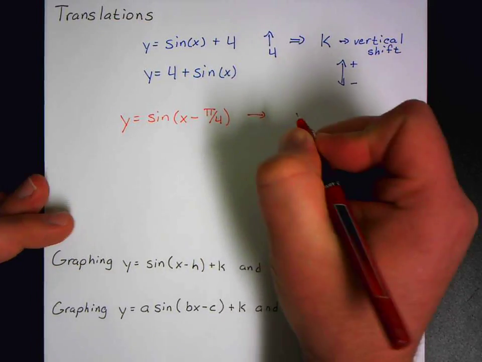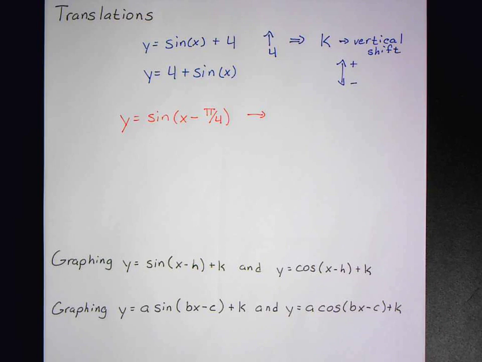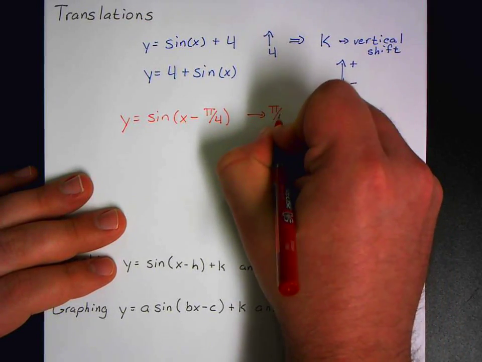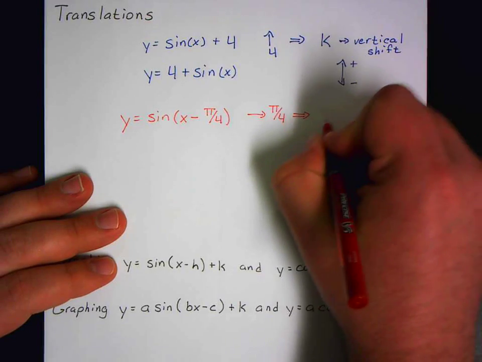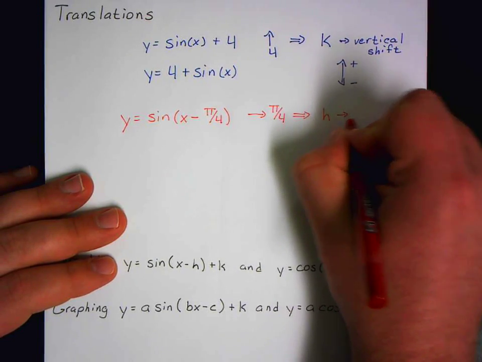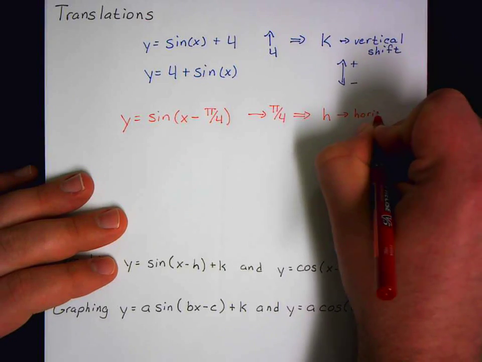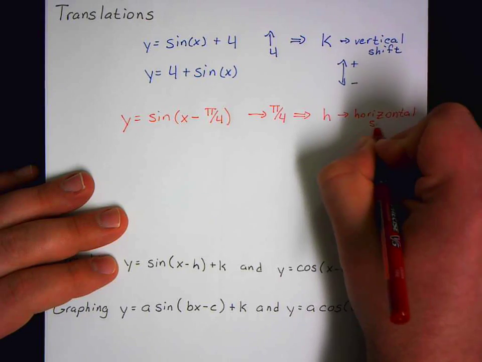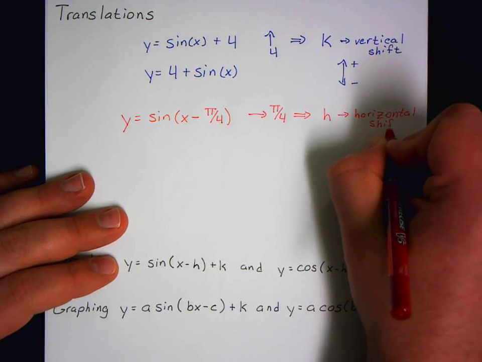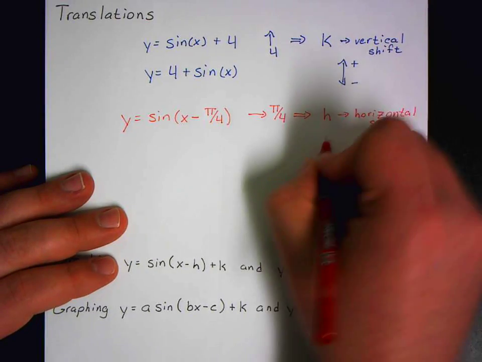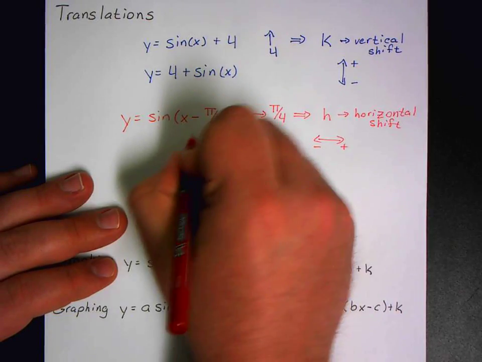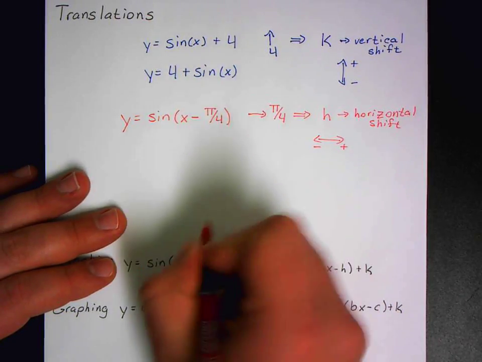So even though it looks negative, we actually shift to the right. So that would just shift me to the right pi over 4. And the reason is because in our formula, we have a minus sign there. So H is actually a positive number in that.